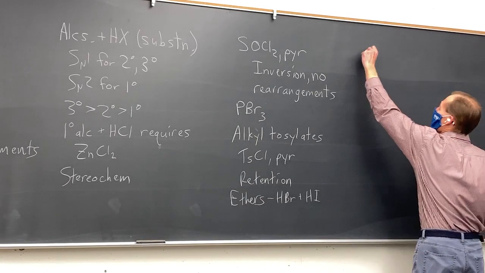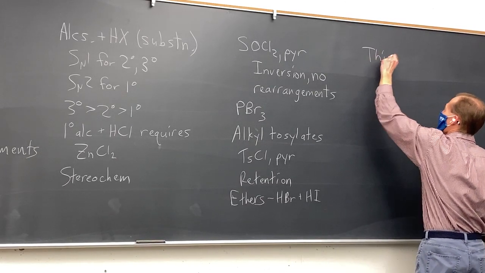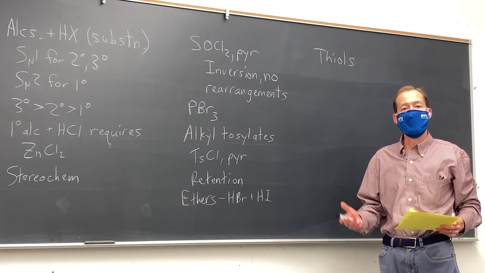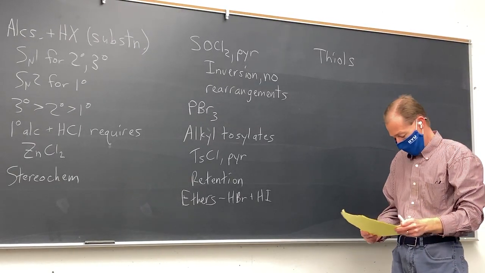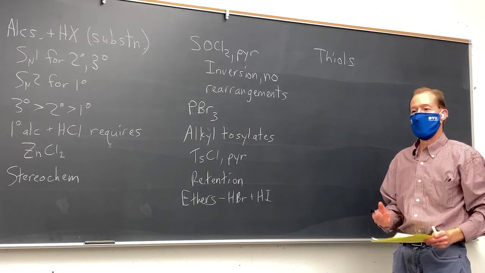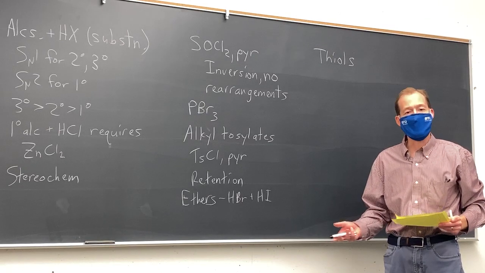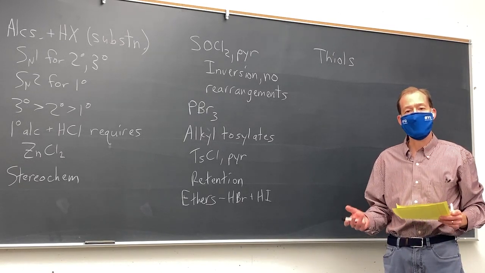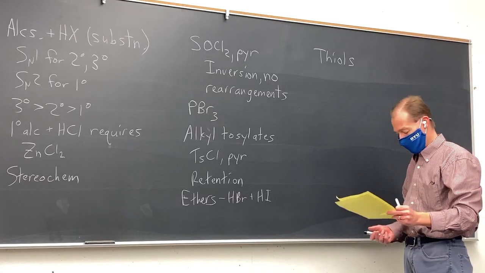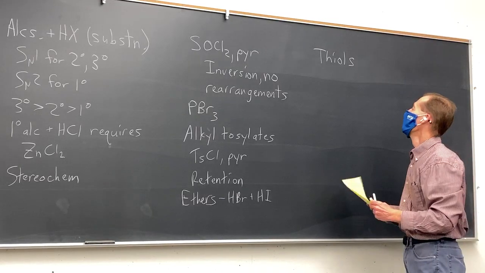Okay. Then we learned about thiols, the sulfur analogs of alcohols. And key things with thiols, we learned that they cannot hydrogen bond, and so they have lower boiling points than alcohols. The SH bond is less polar than the OH bond, so no hydrogen bonding.